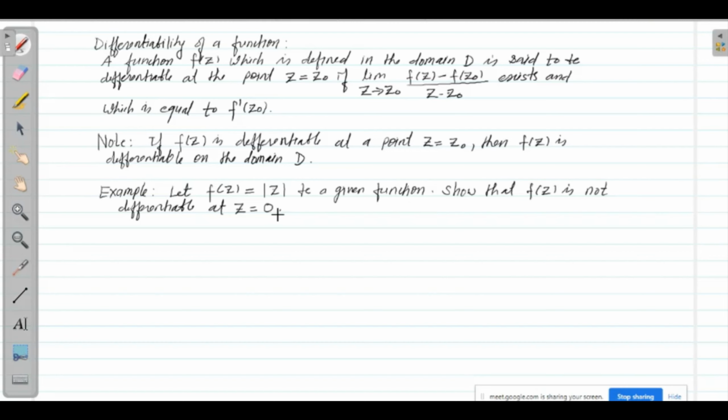Okay, let us see how to show this function is not differentiable at the origin.